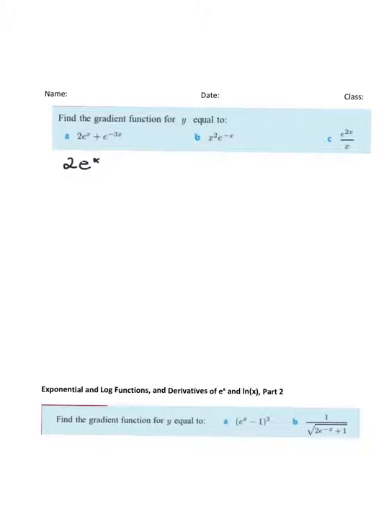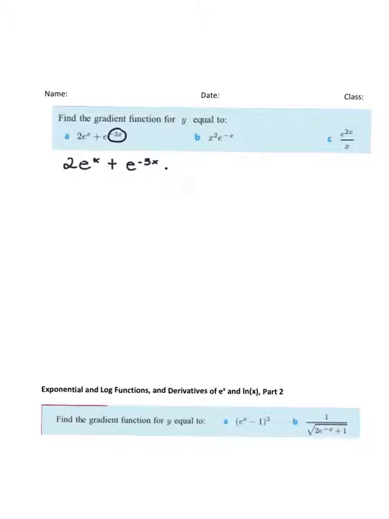Now, for the next part, you have to use that chain rule thing because you have a negative 3x functioning as that quote-unquote small picture. So that becomes plus, well, the derivative of the big picture is just itself, e to the negative 3x, times the derivative of the small picture, whatever it's raised to. What's the derivative of negative 3x?